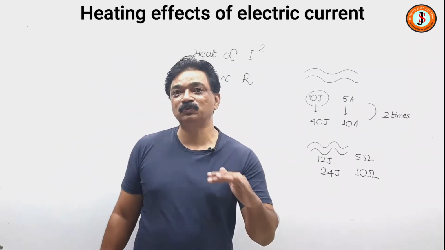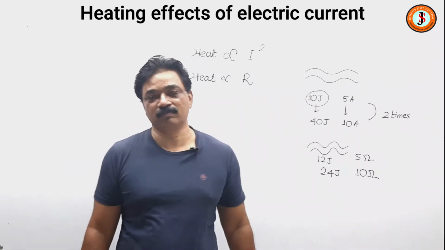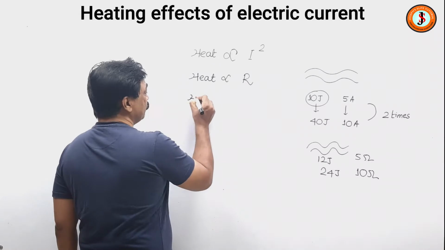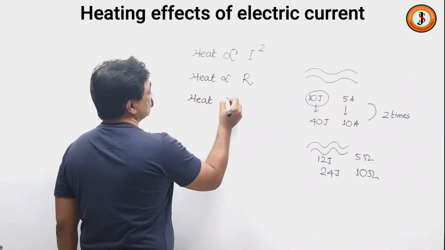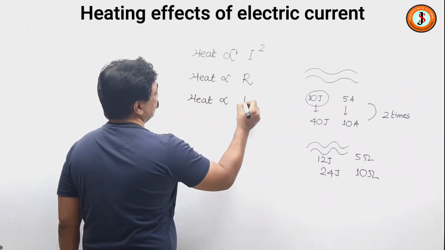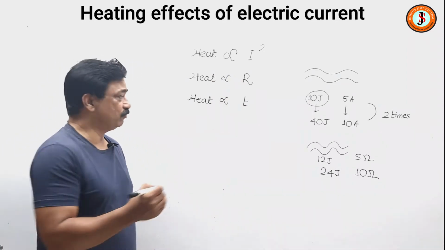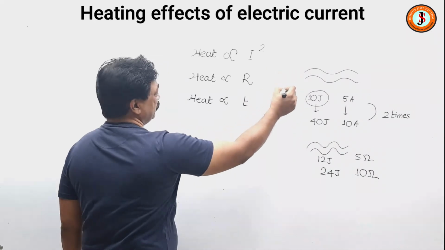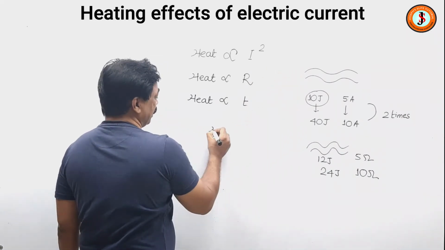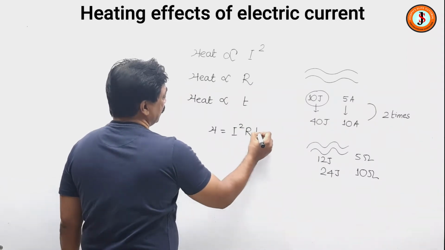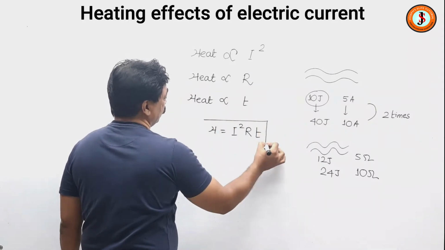That means he was using the mobile for quite some time. And heat produced is directly proportional to the time span for which the current flows through the conductor. Therefore, if we use all 3 proportionalities, we get H is equal to I square RT. This has to be remembered by you, number 1.